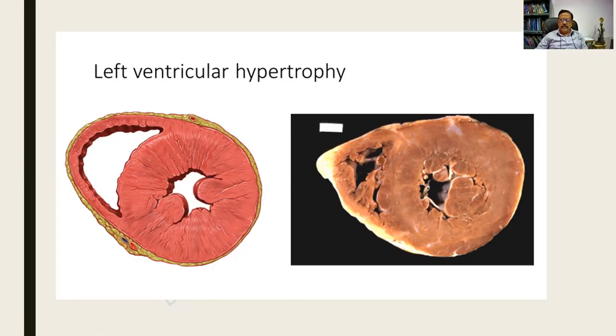This is a classical example of concentric hypertrophy. Concentric means you draw uniform circles around a dot, and that is called concentric. All the areas are being uniformly thickened.